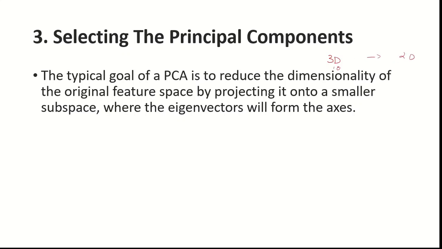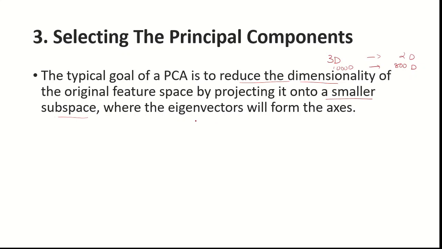Or if we have 1000-dimensional data, you maybe want to convert it into 800-dimensional data. Anyway, you have to reduce the dimensionality by projecting onto a smaller dimensional space, from 1000 to 800 or 3 to 2 or 4 to 2 or 4 to 1, like that, where the eigenvectors will form the axes.